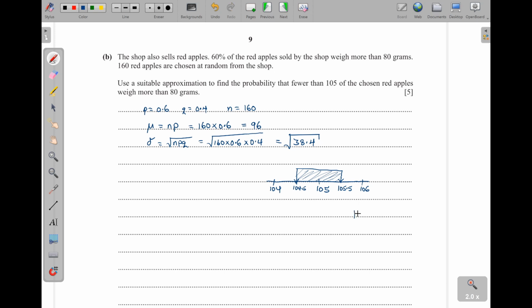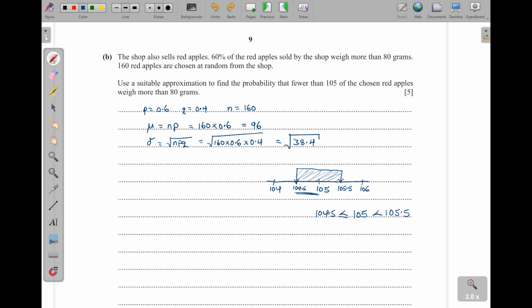That's why we write 104.5 is less than or equal to x, and then less than 105.5. So all of these ones here will give us 105 when we round them off. But on this 105.5 when we round off, it is not 105 anymore. It gives you 106. So that's why this one is less than. Okay. You used to do this in IGCSE.